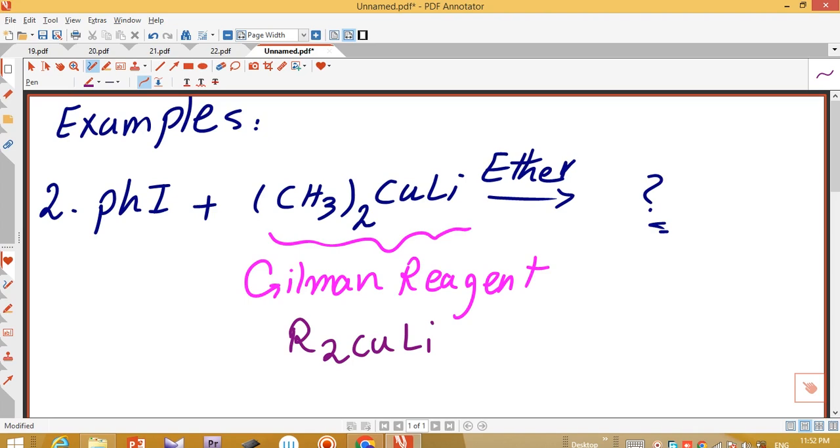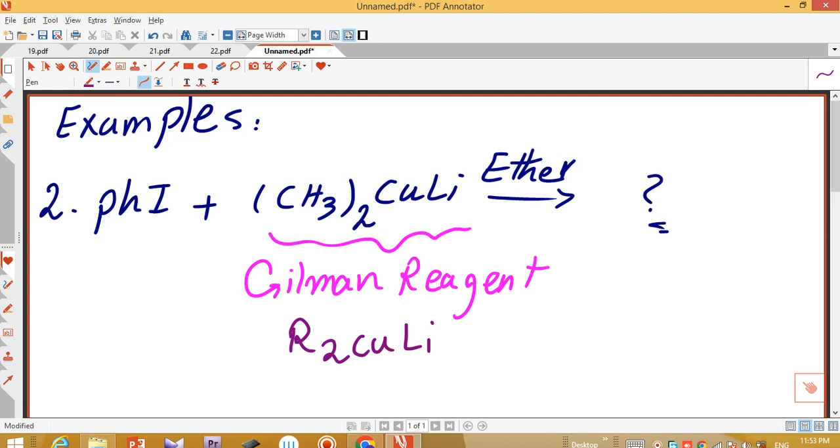But in some books it has been written that the mechanism in this type of reaction is radical. But here I just do not want to talk about the details of that. Only if you had this reaction, again instead of iodide, you should connect methyl to phenyl.